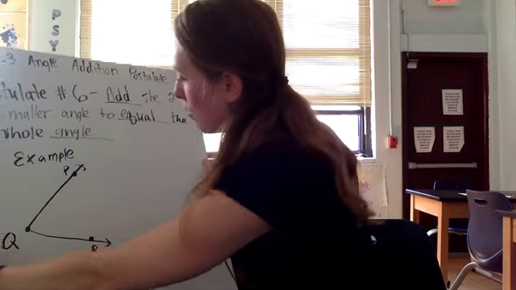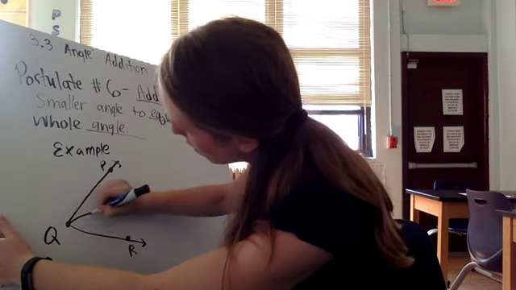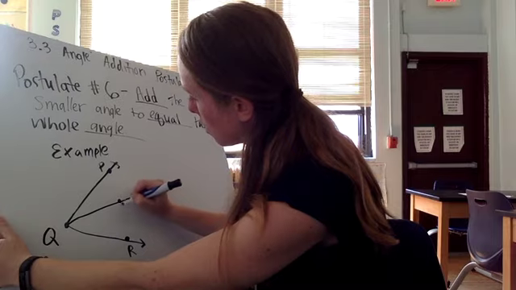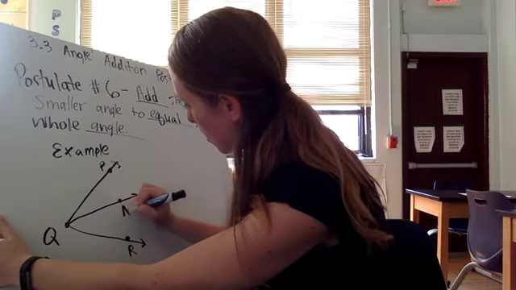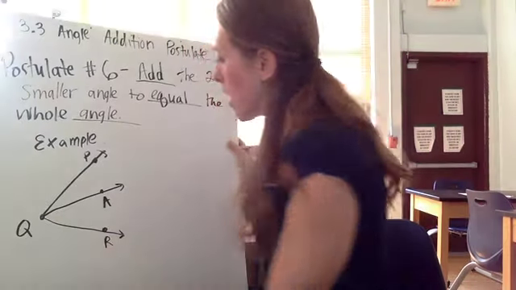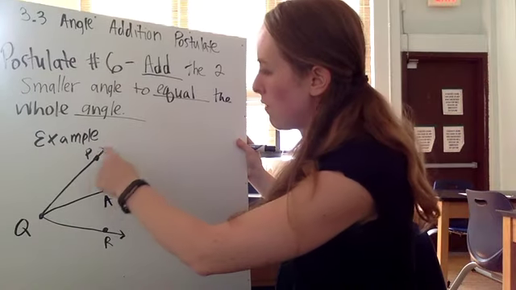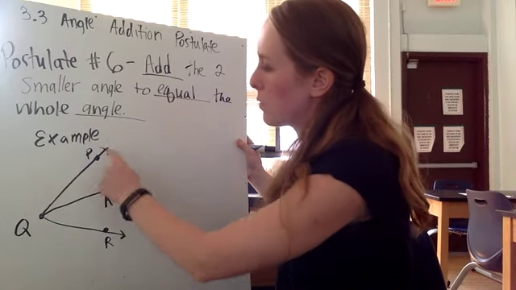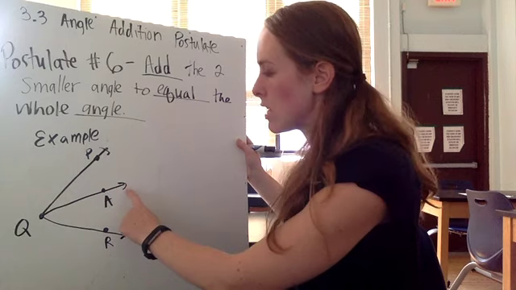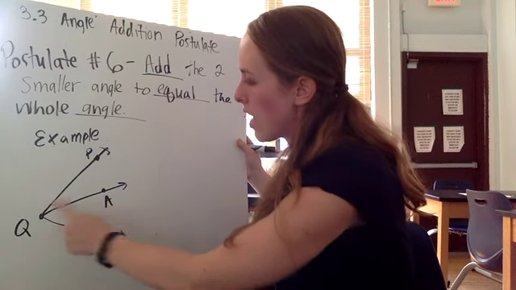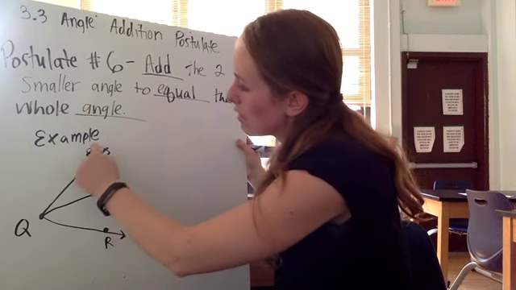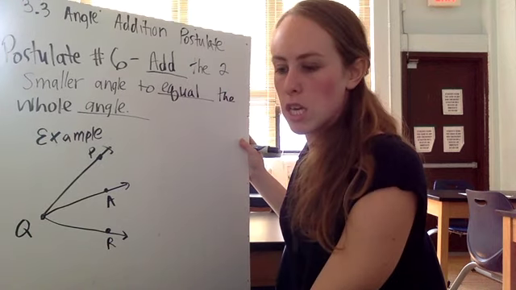Now, we also are going to add a ray QA, and now that I've added this ray, I have three angles. I have this small one in the top, PQA. I have this small angle below it, AQR, and then you can see that we have one big angle, PQR.